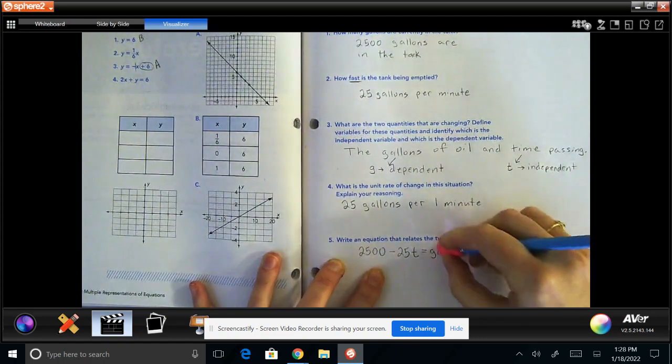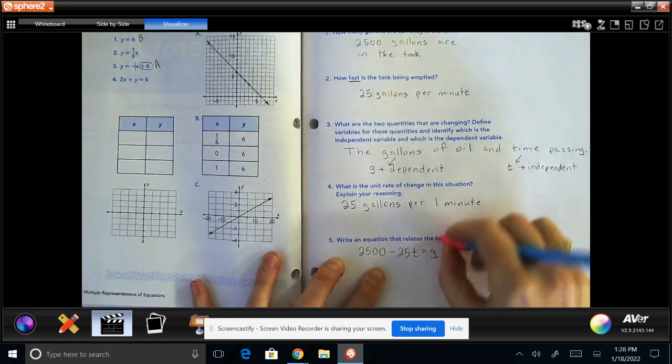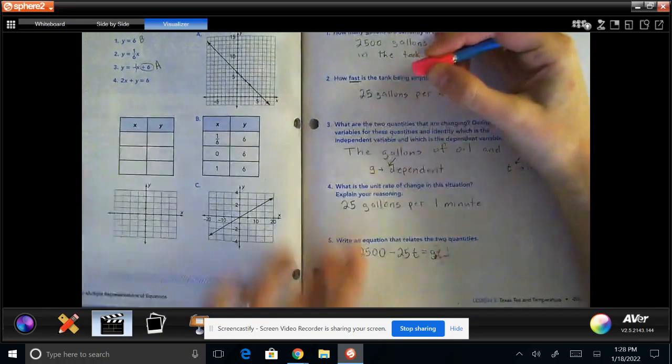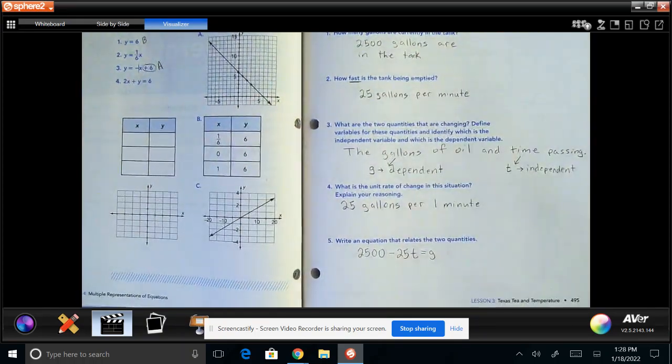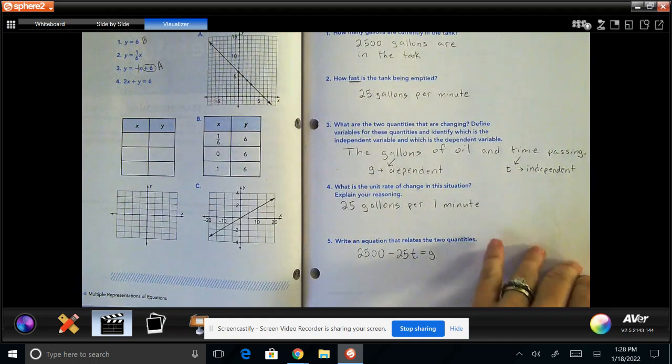Well, which we said was G. I don't have to write out gallons. That's why we make a variable for it. So there's my equation. 2,500 minus 25 times T equals G. Let's keep going.